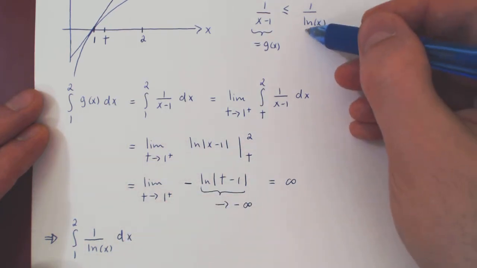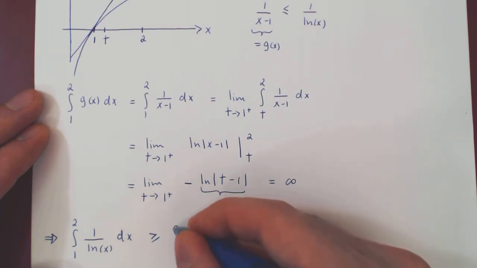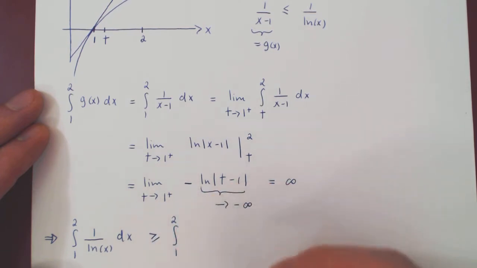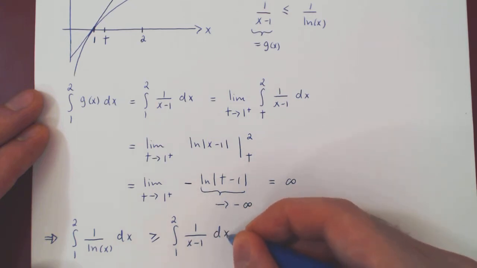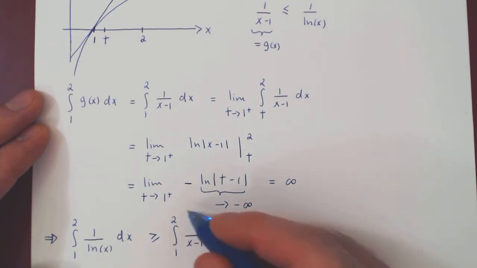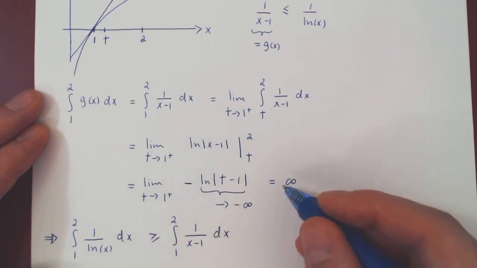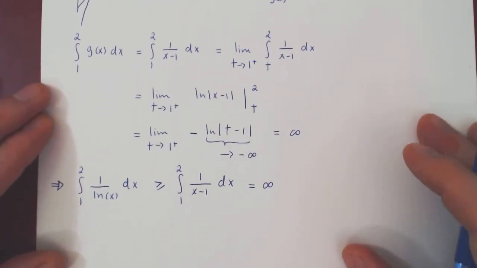But 1 over ln of x is bigger than 1 over x minus 1, so its integral is larger as well. And we've just found that this integral is actually infinite. And so we now have our conclusion.